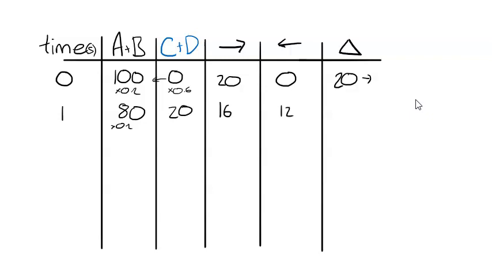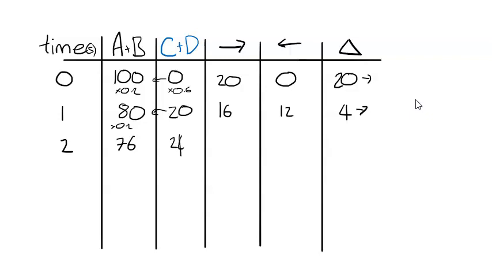So we're going to get 12 products going back into the reactants. So the change will be 4. So 4 in total are going to go from the reactants to the products. After 2 seconds, we will have 76 reactant particles and 24 product particles.